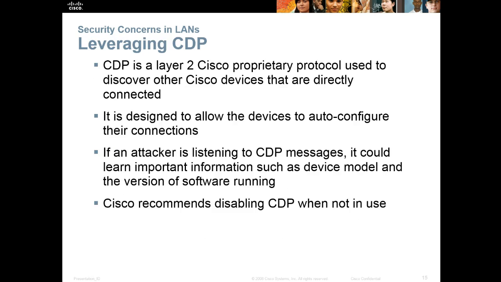One protocol that you probably haven't used yet, and you're going to, is CDP, Cisco Discovery Protocol. It's a proprietary protocol used on Cisco switches and routers. Any Cisco device can speak to any other Cisco device, and it shares a little bit more native information.